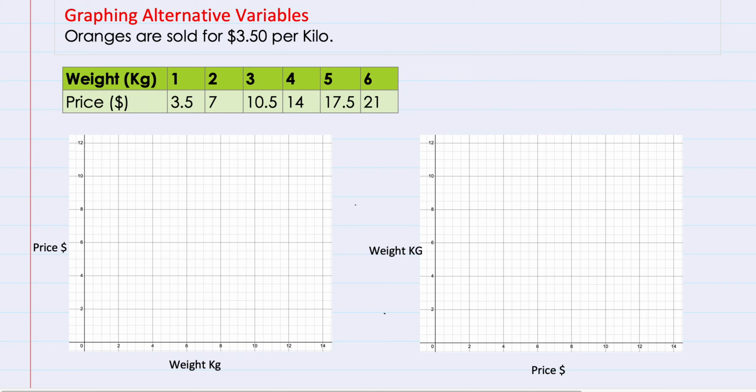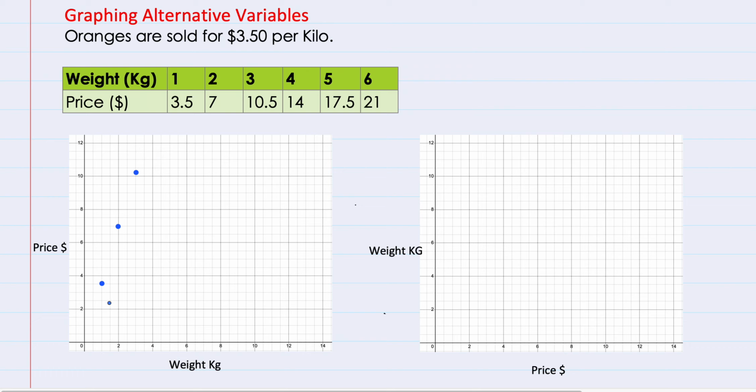So let's look at this first one here where we have our weight on our x-axis down the bottom. So I'm going to use blue for that one. So if we were to plot our weight being 1 kilo and then 3.5, so right there. Weight of 2 kilos, we've got right on 7 there. 3 kilos, 10.5, which is about there. 4 kilos, we can't go because it's already up here.